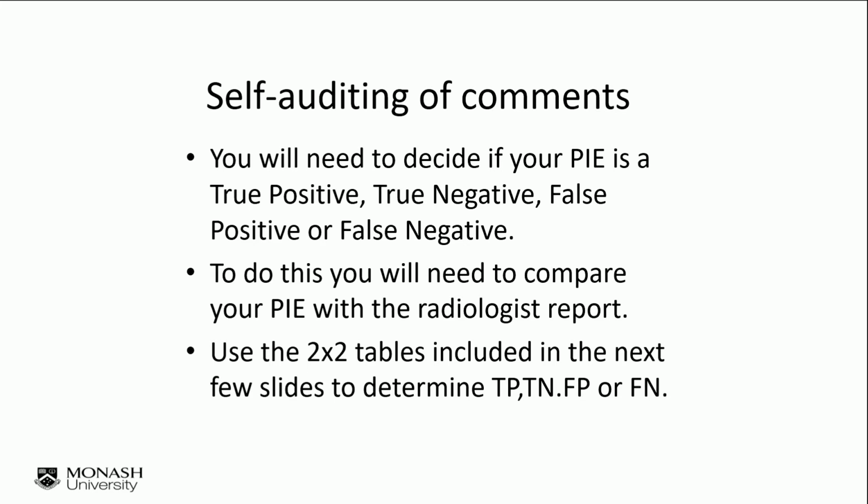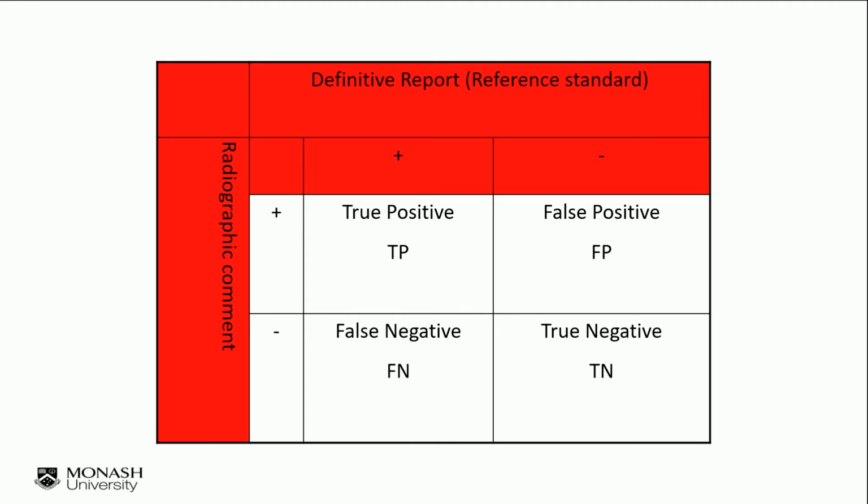So in the medical imaging portfolio, you will get more information about this, and you will use the 2x2 table. You need to identify whether the case that you've reported is a true positive, true negative, false negative, or false positive, and then compare that to the radiologist's report. And this is the 2x2 table.